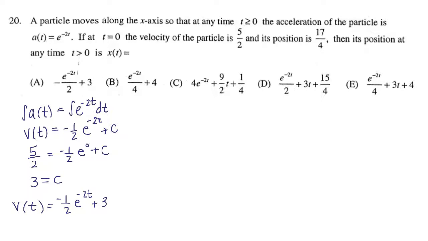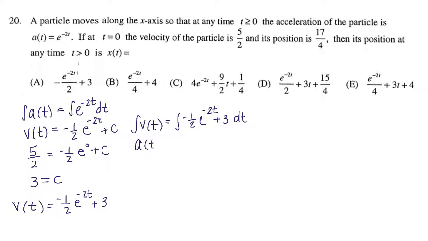Again, we're still looking for our position function, so we're going to have to integrate one more time. We're probably getting pretty close to being able to pick out our answer choice without actually having to finish this entire problem.